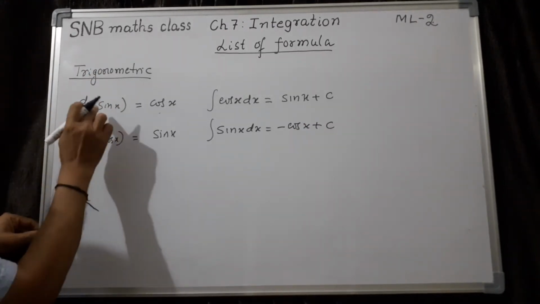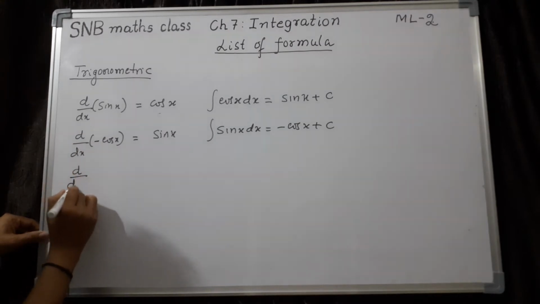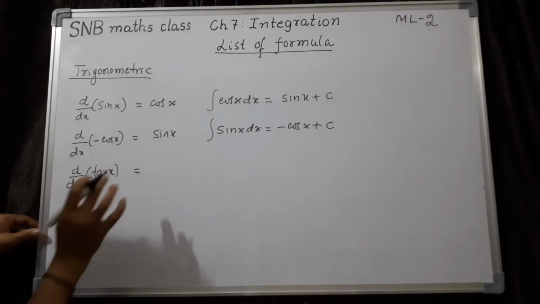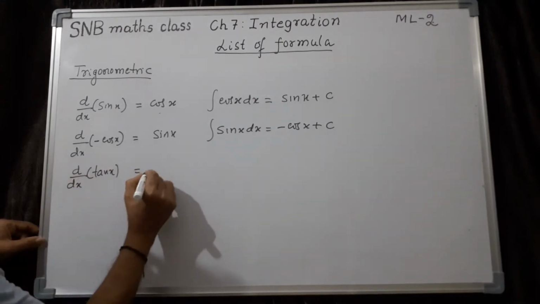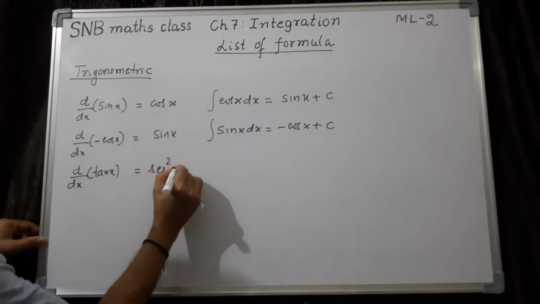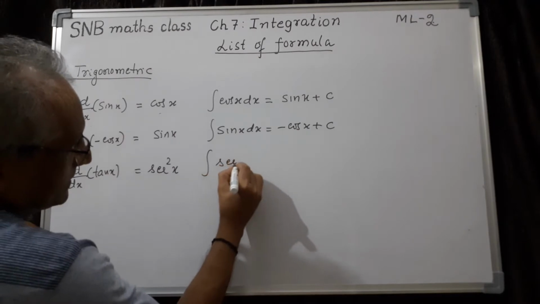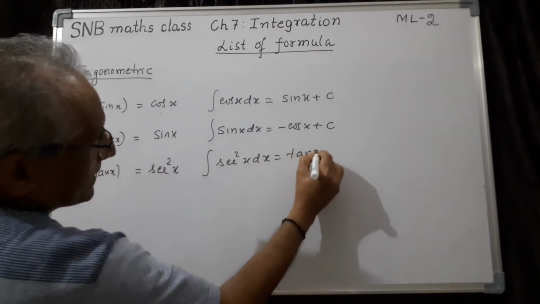Similarly, sin is over, cos is over, then d by dx of tan x is secant square x. The idea is: whenever you get a negative, that negative you have to bring here. Therefore, integration of secant square x dx is tan x plus c.